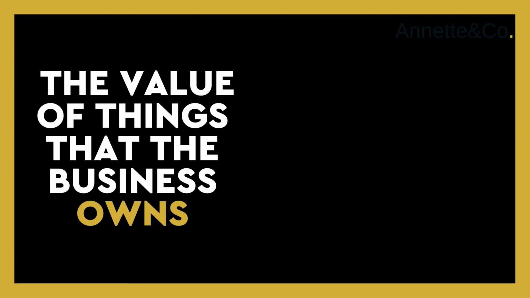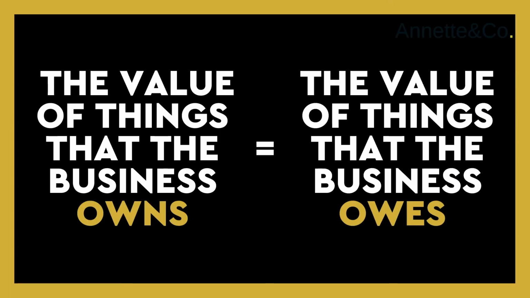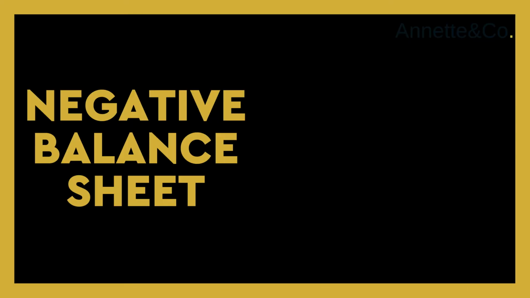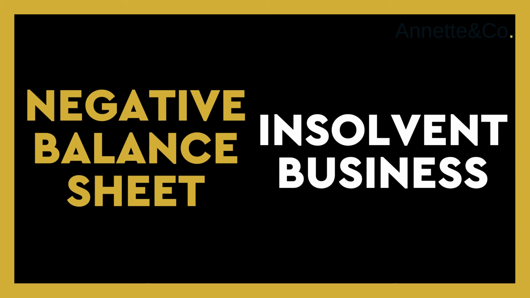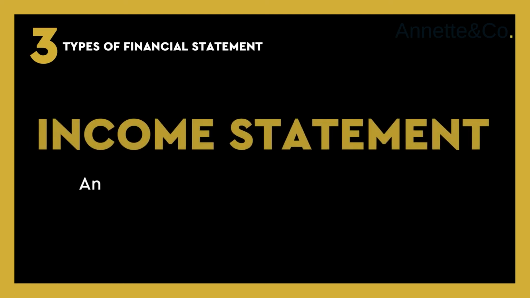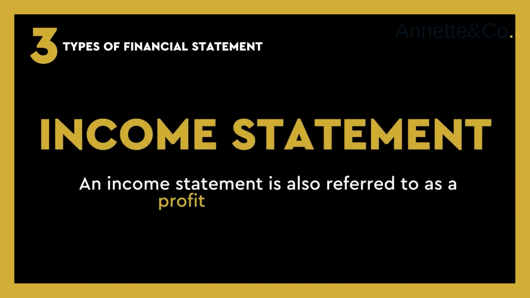It basically shows the value of things that the business owns and the value of things that the business owes. That means it gives a good indication of the company's financial condition. If the balance sheet is negative, if the totals add up to a negative number, that means the business is technically insolvent.